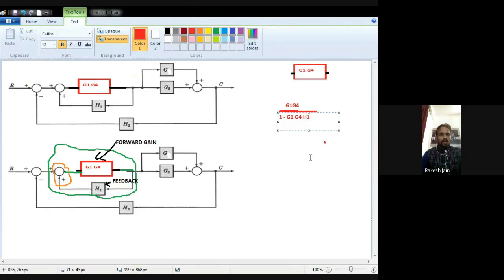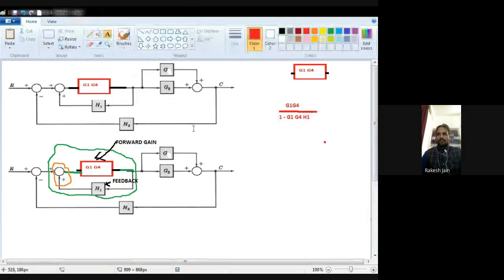So we solve with the help of the last rule which I taught you a few minutes ago about how to reduce the block diagram and find the transfer function. So now this total green encirclement will be reduced to G1 G4 upon 1 minus G1 G4 H1. This complete block diagram will be reduced. One more step, so you will understand.